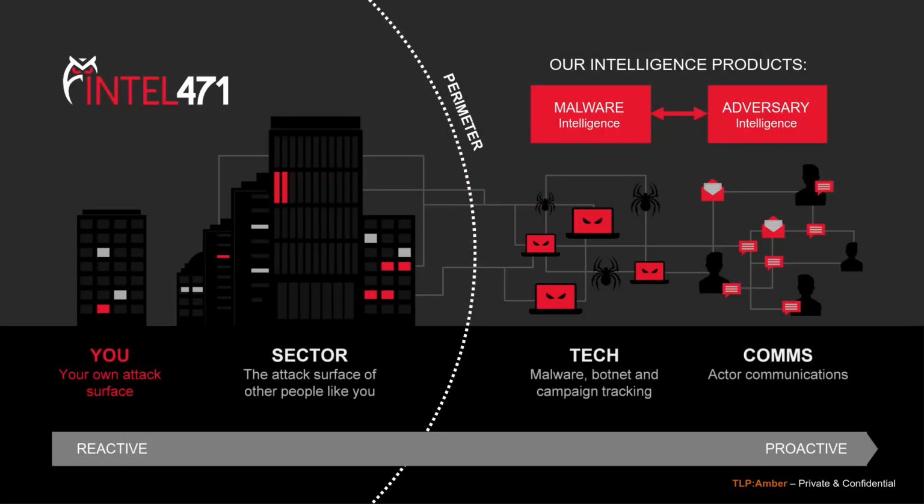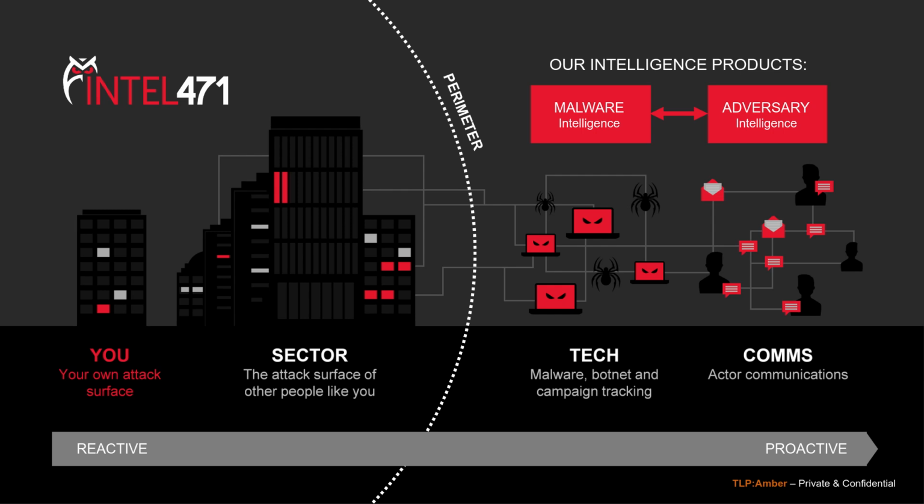And the reason we do that, and the whole point of cyber threat intelligence, is to help our customers become more proactive when it comes to mitigating cyber risk. So in this slide, you can see over on the left is a reactive approach where you focus solely on yourself and your own attack surface. But then as you start to get more proactive, we see organizations starting to look beyond their own perimeter and maybe start looking at their sector.